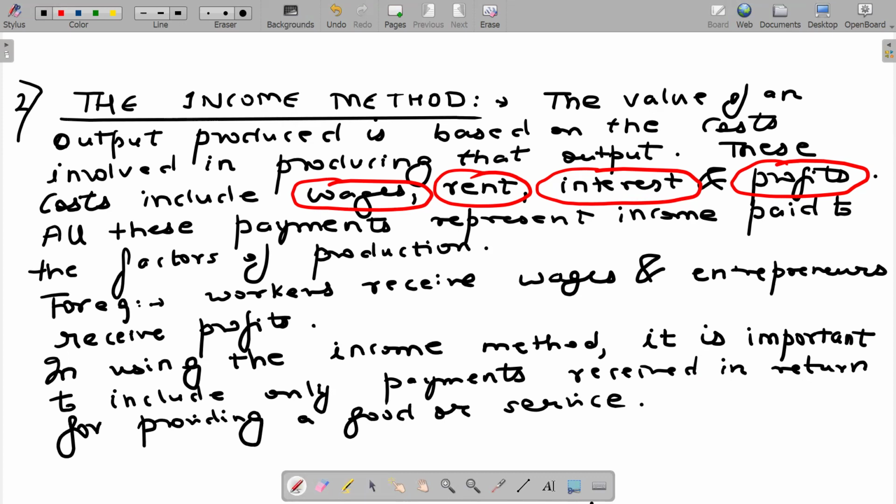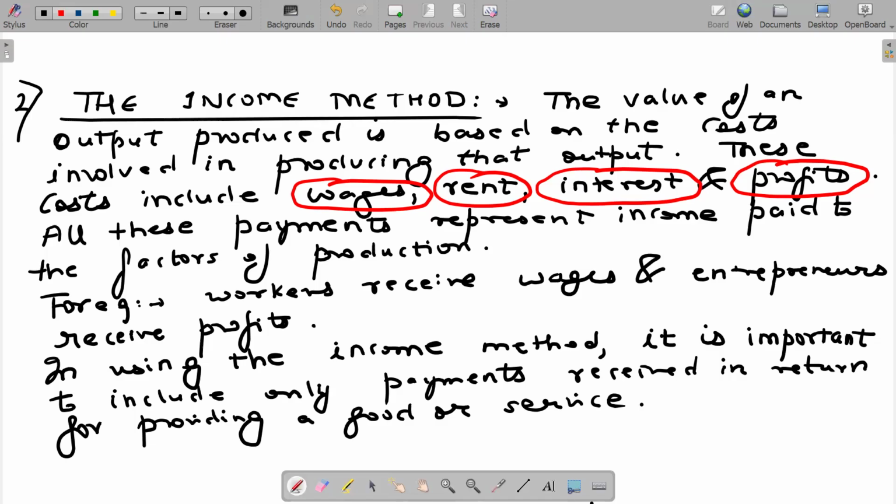So the income method strictly only includes all those transactions where income has been generated because of either a good being produced or a service being produced. If no good or service has been produced, it's not a part of GDP using the income method. For example, transfer payments. Transfer payments are transfers of incomes for which no good or service has been produced, like taxes.